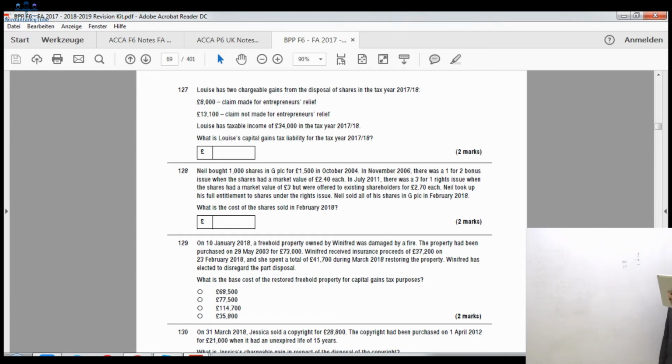In July 2011, there was a 3-for-1 rights issue. So for every 1 share that you already hold, we will give you 3 more shares at a reduced price of £2.70 each. At that time, the market value was £3.